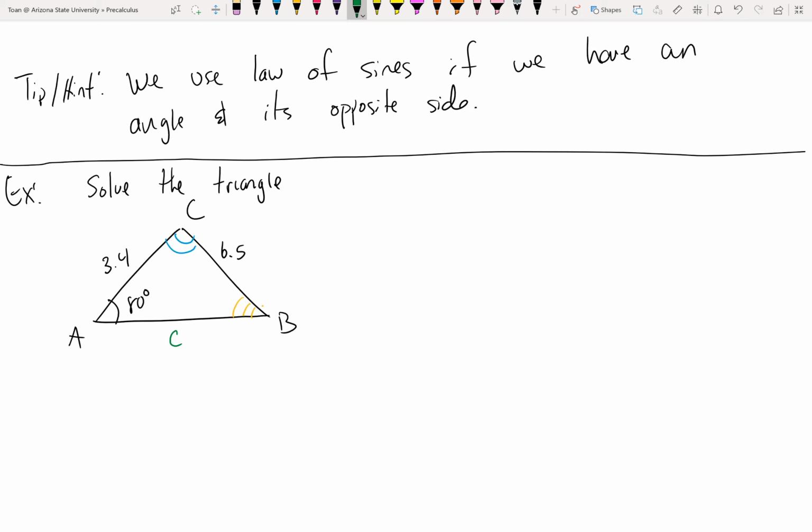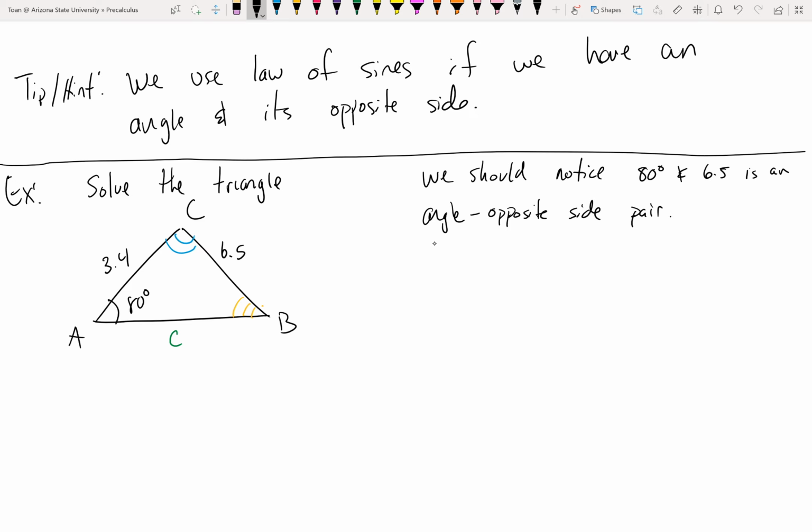So this is what you should notice. We should notice 80 degrees and 6.5 are an angle opposite side pair, right?